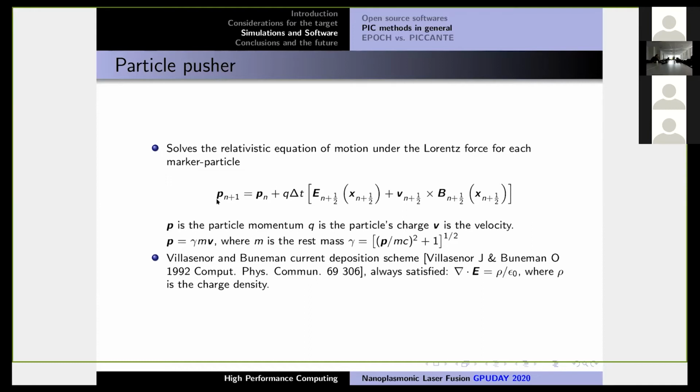So the momenta is actually of one marker particle.